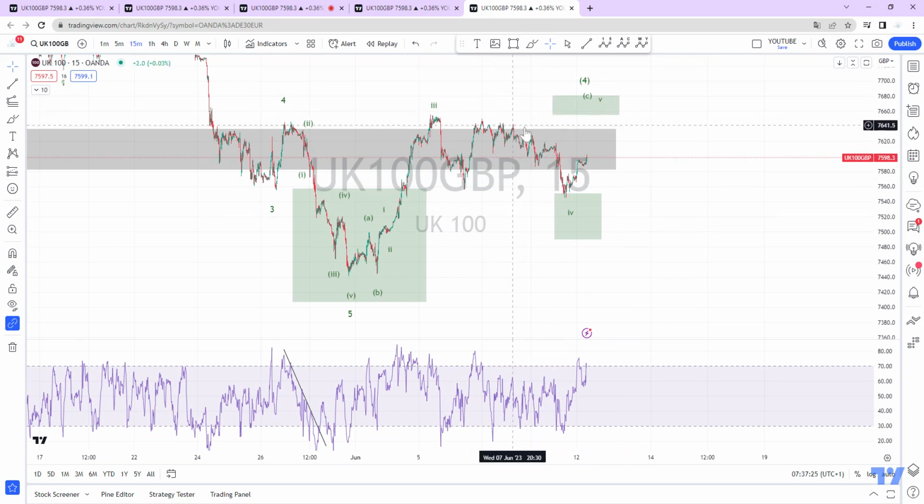Forget all the annotations you see here. What it also could be is that this was a wave 1, so we had a down move, whatever it is.